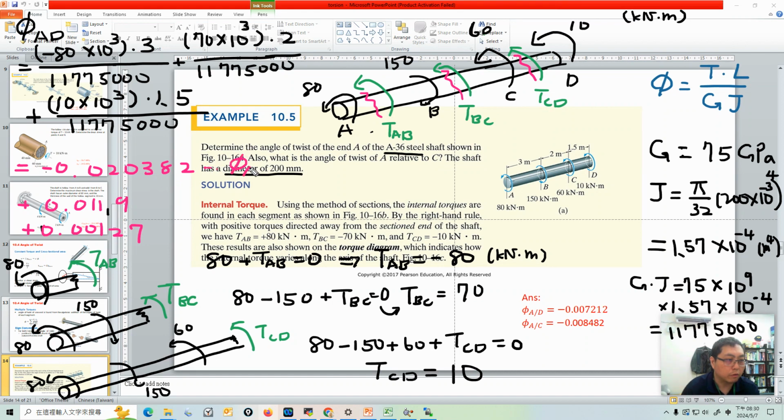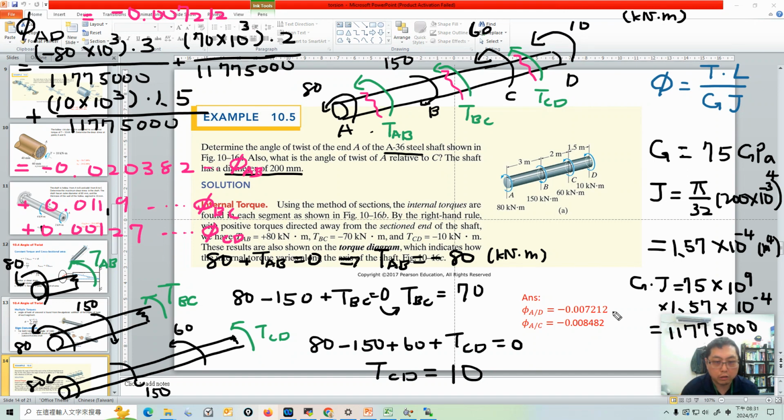This is the angle of twist for AB, this is for BC, and this is for CD. You add them together. Our final value is minus 0.0072712.